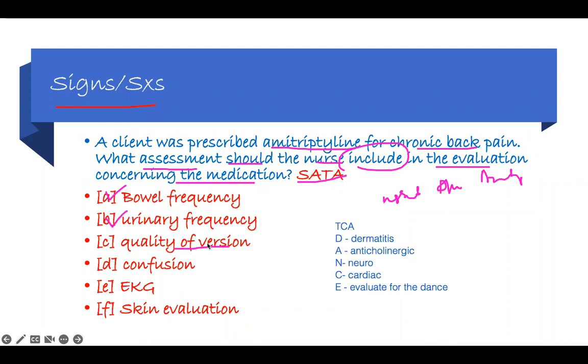Quality of their vision. This is vision. Yes, I need that. Confusion. Yeah, that's neuro right there. EKG. Well, it's cardiac. They have cardiac arrhythmia. I should get one. Skin evaluation. Yeah, dermatitis. So I intentionally said it this way so that you can get all of them right. Don't worry.